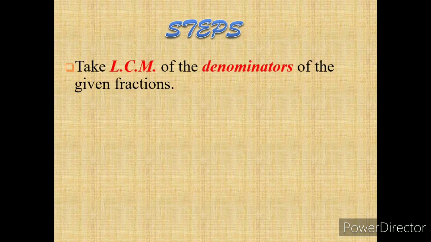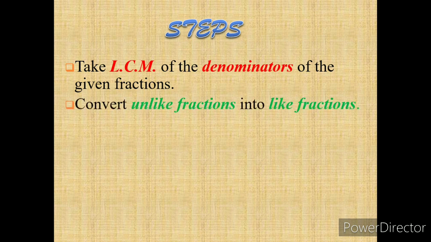There are some simple steps which will be followed to solve both ascending and descending order. First step is take LCM of the denominators of the given fractions. Whatever fraction is given to you, you will take the denominators and find the LCM. Next, convert unlike fractions into like fractions.